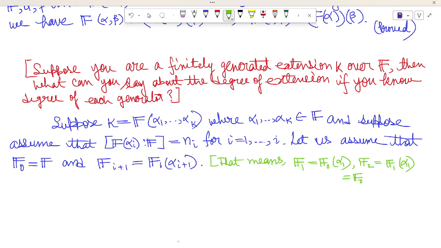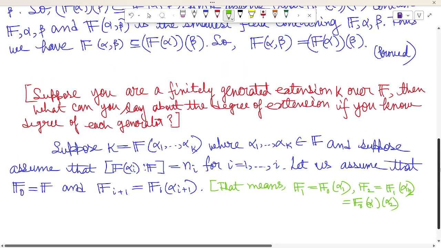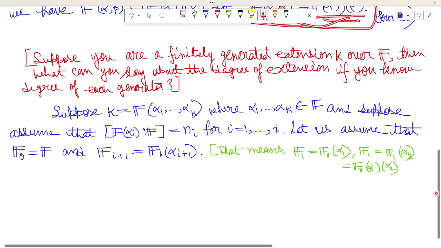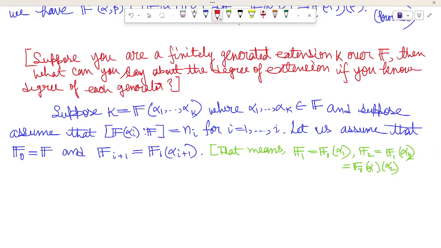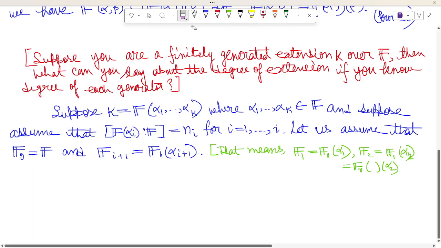F1 means F0 alpha 1, so it is alpha 2. But we already know whatever we have shown here, it will be absorbed inside this. So that will be precisely equal to F0 alpha 1, alpha 2.